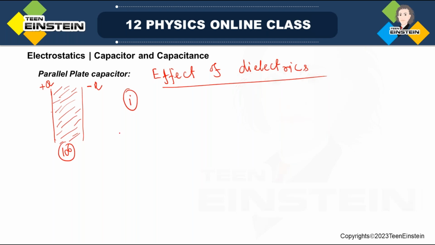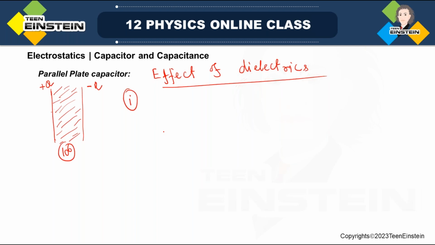So what it does is that it solves the problem of maintaining two large metal sheets at a very small separation without actual touch. In the parallel plate capacitor, the conductors should not touch.